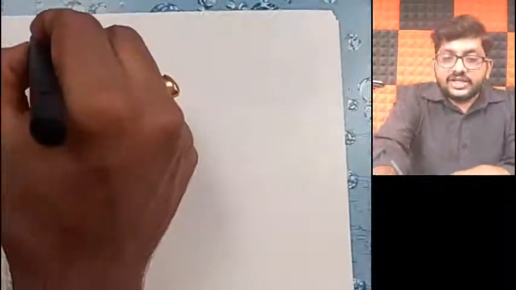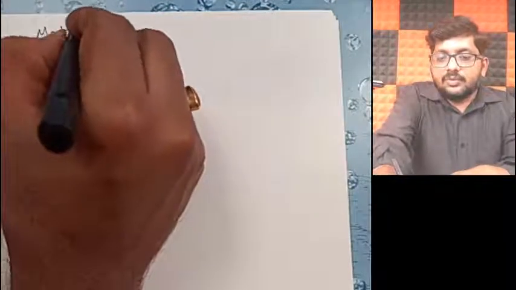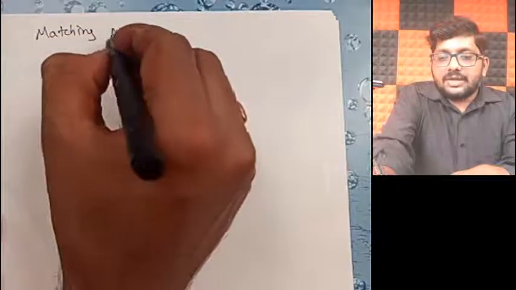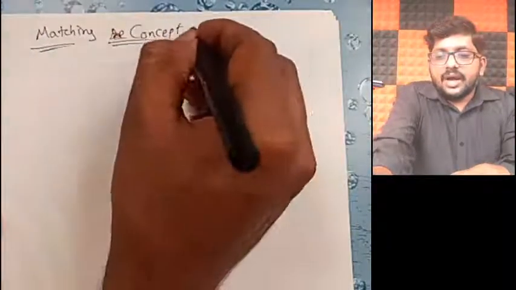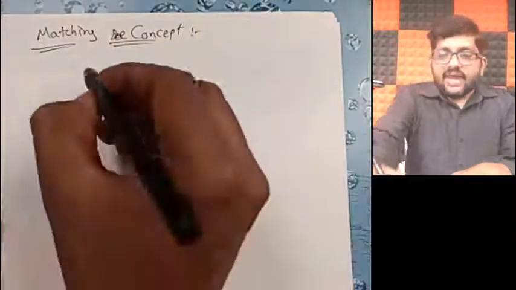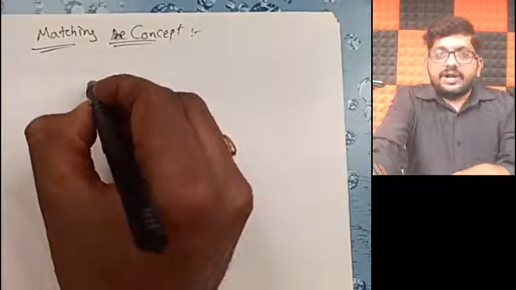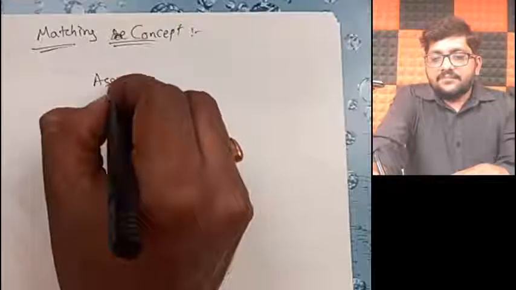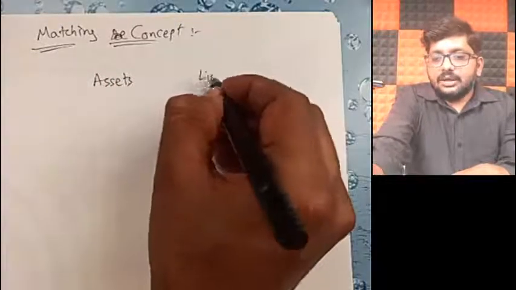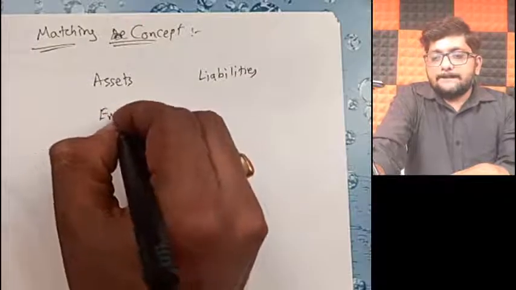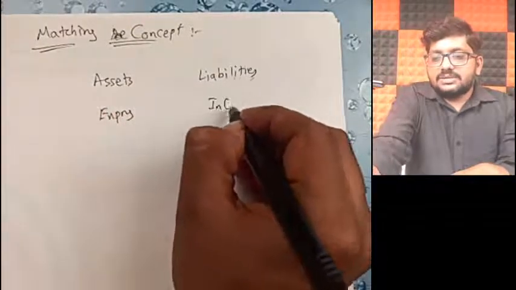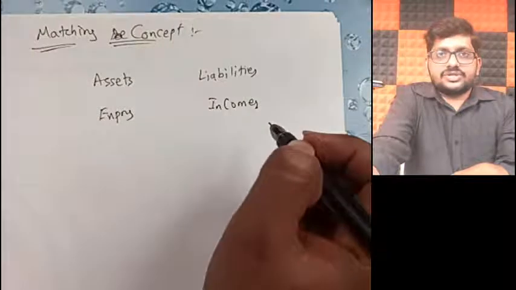Now, when we talk about the matching concept in much more detail, friends. We have already discussed that we have 4 different types of accounts: assets, liabilities, expenses, and incomes.